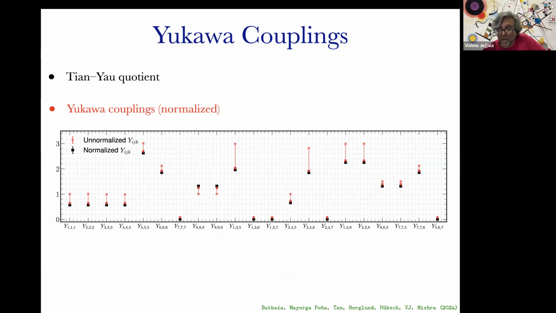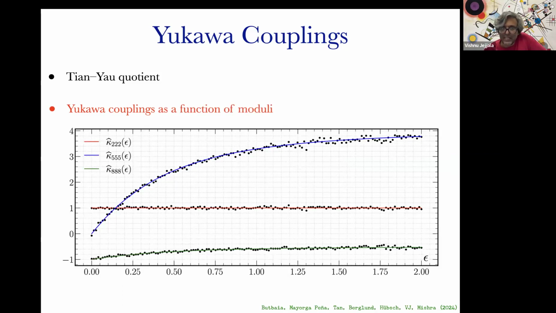So what we've done is we've taken this particular Tian-Yau quotient and we've moved around in moduli space. And here's how the Yukawa couplings change as a function of the moduli. This epsilon is a parameter which describes motion in this complex structure moduli space in one direction.